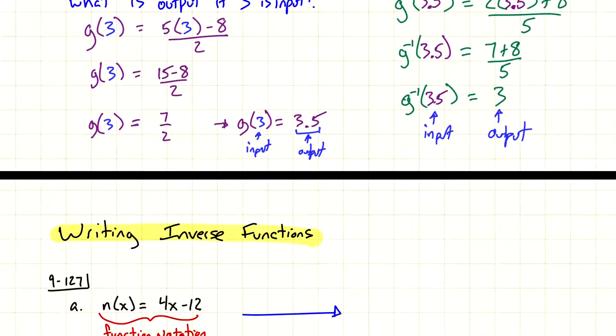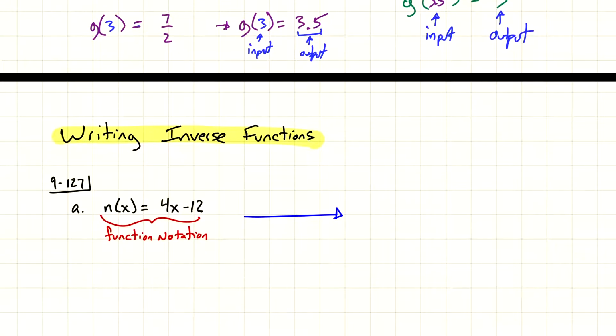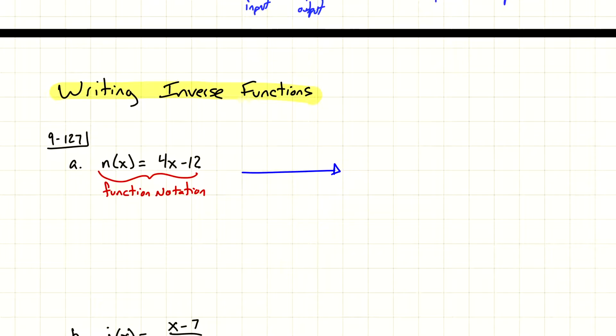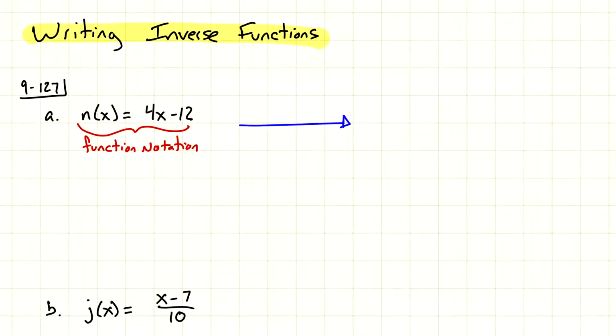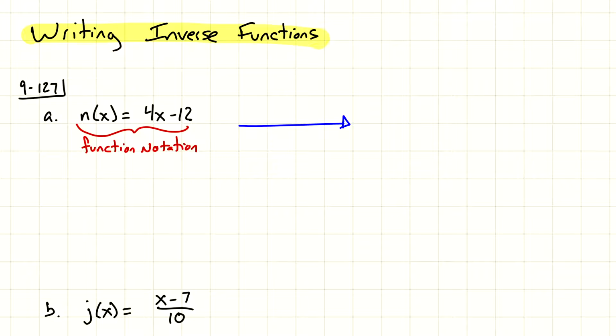All right, so writing an inverse function. We're going to practice 2 of these on this problem. Here we have this function, n of x is equal to 4x minus 12. This is what we call function notation.